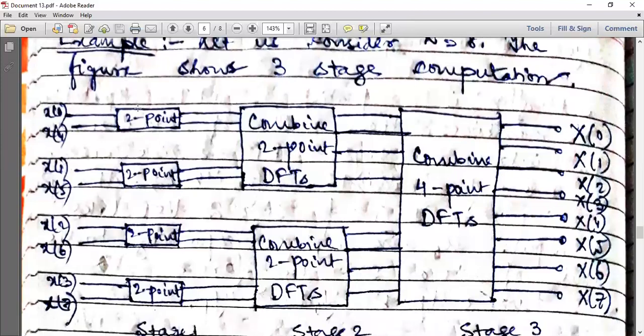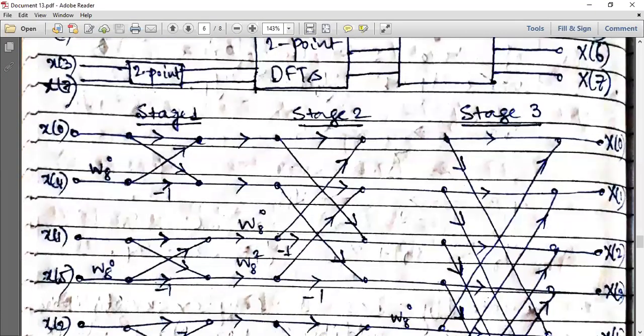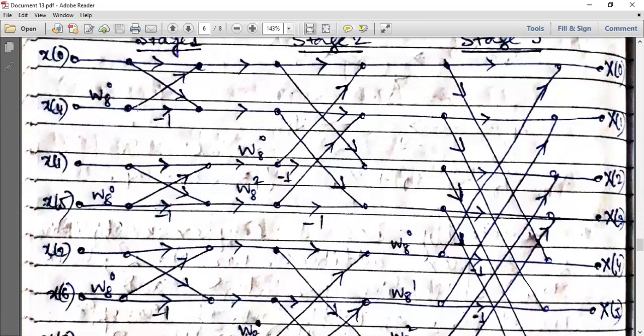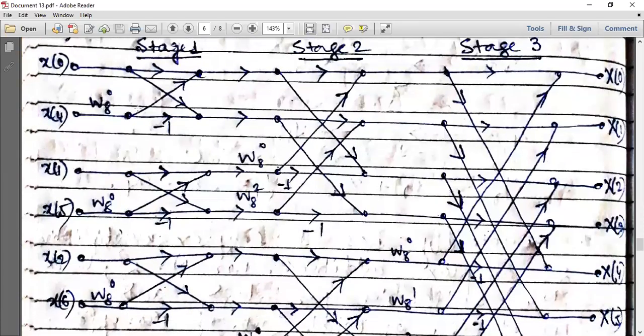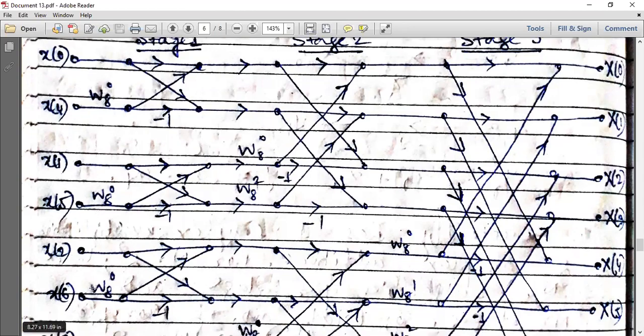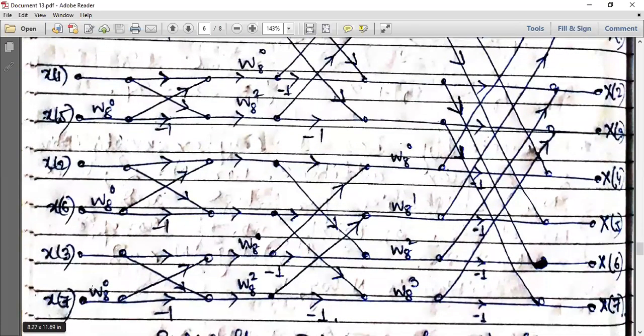Now come to the butterfly diagram. In the butterfly diagram, there are 3 stages: stage 1, stage 2, stage 3. x0, x4, x1, x5, x2, x6. The same way that I've written the computation diagram, here also I've written.